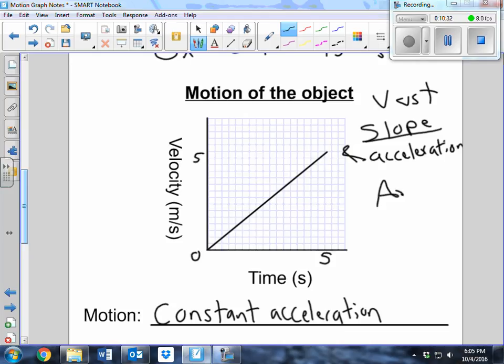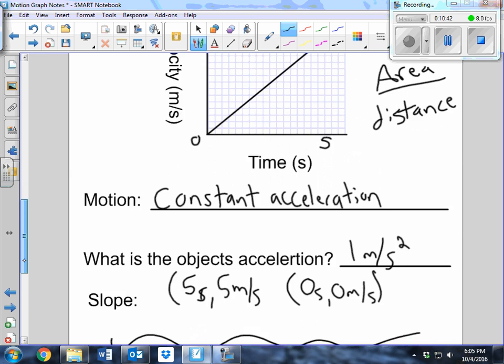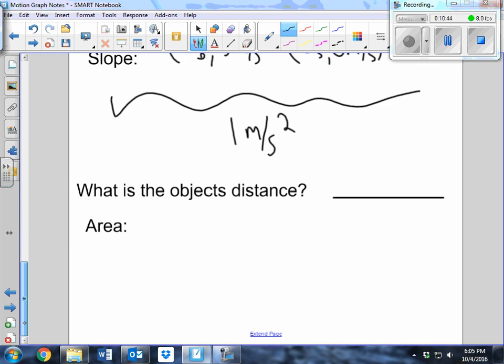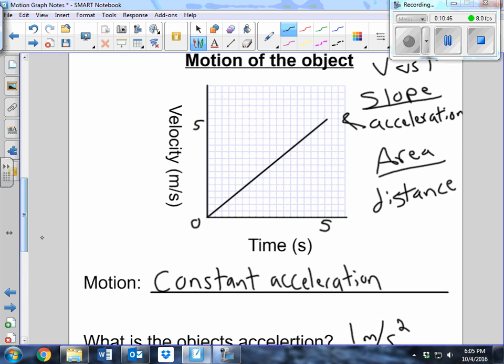The area under the curve actually tells you the distance traveled. So if you ever have a velocity time graph and they ask, in 5 seconds, how far did the object travel, you figure that out by taking the area under the curve.